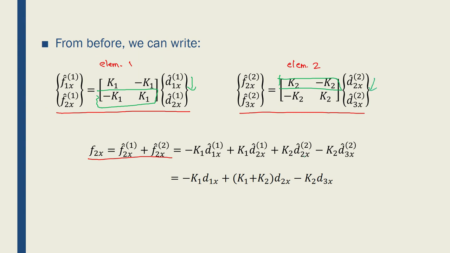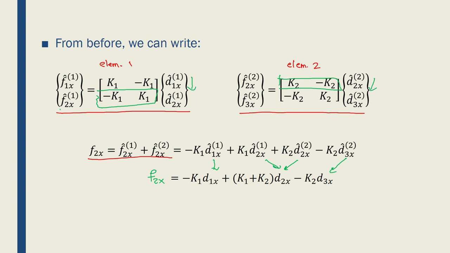So k2 d2x2, minus k2 times d3x2. Now if I arrange them and take into account that this is equal to d1x, these two are equal to d2x, and this is equal to d3x, I can rewrite F2x as this equation.